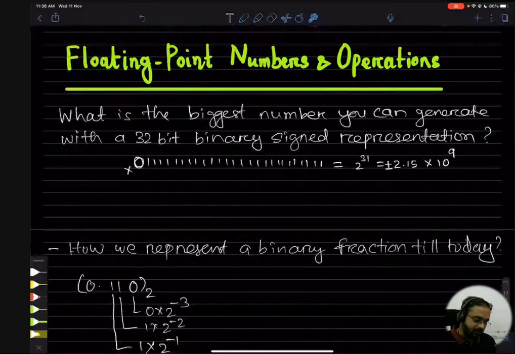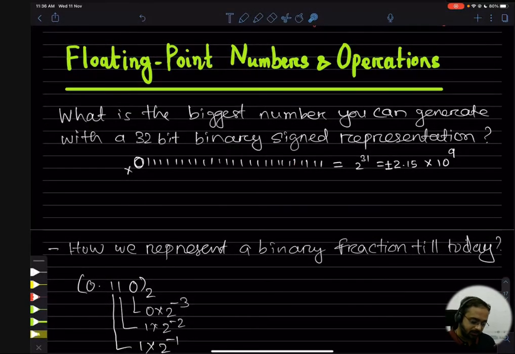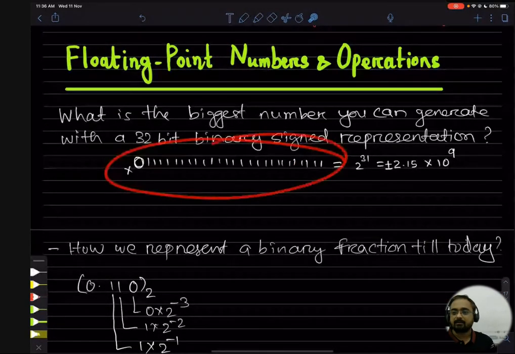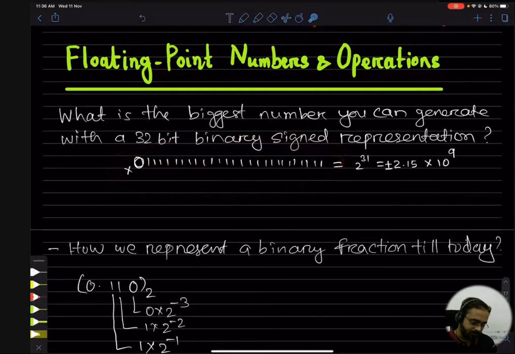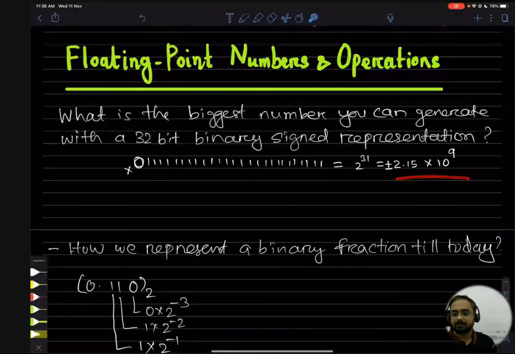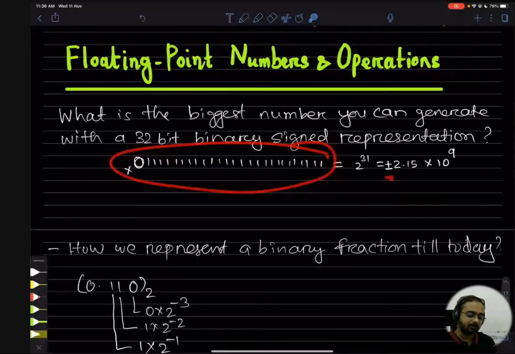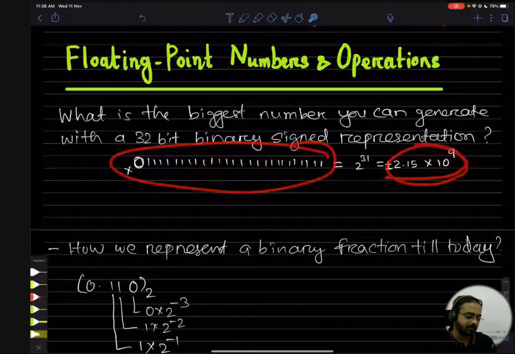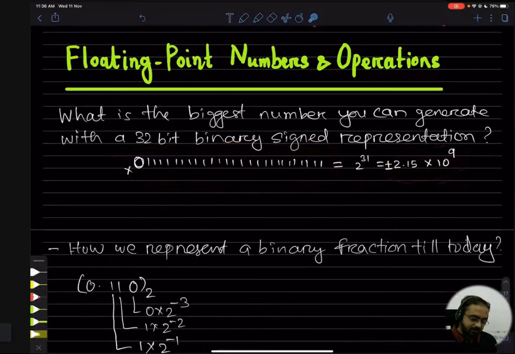That is one reason why we will not use this type of convention in our floating point operation. This is a float and the size is very small. Using 32 bits we can represent up to 10 to the power 9 only. That is one reason.